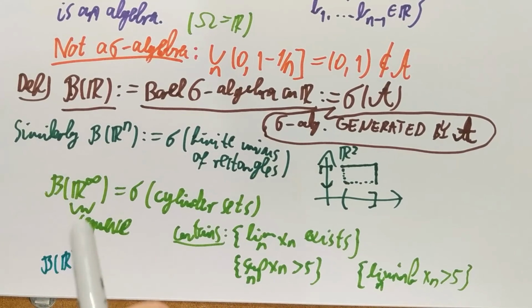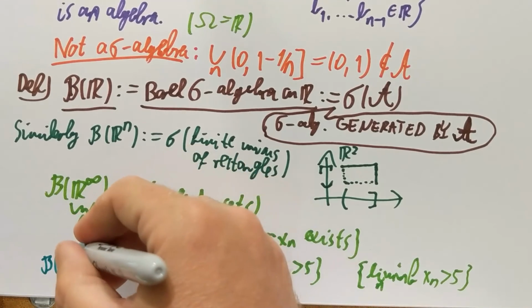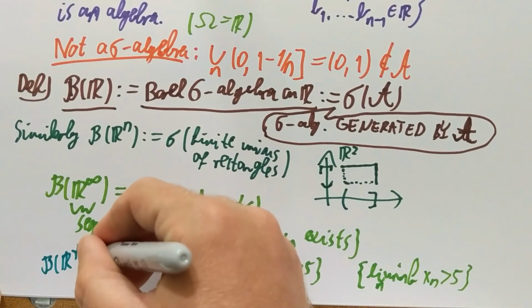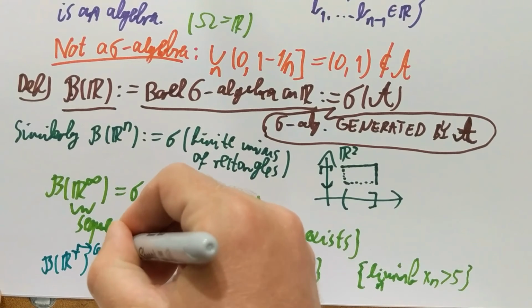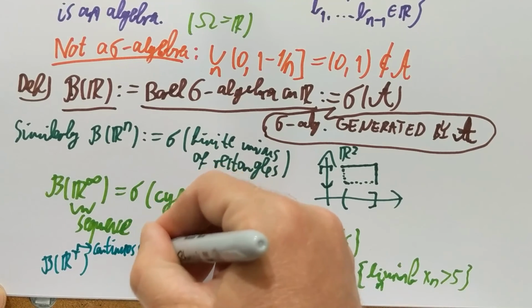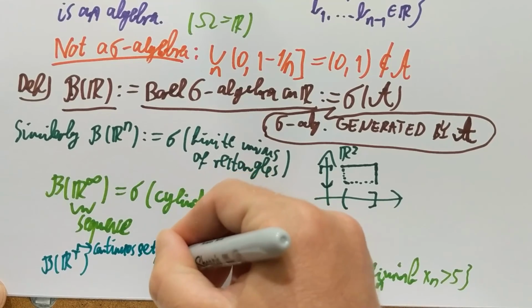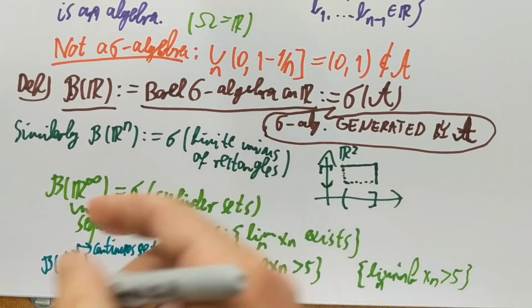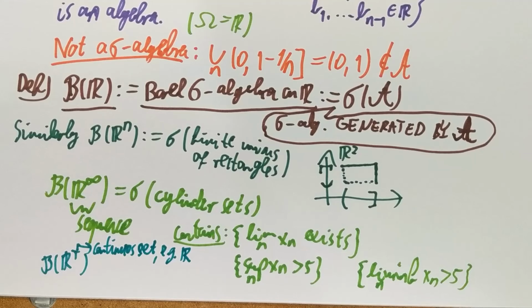You can also index real numbers with a continuous set T, for example, R again. So you can look at R to the R, in other words, functions that take real numbers and spit out real numbers.